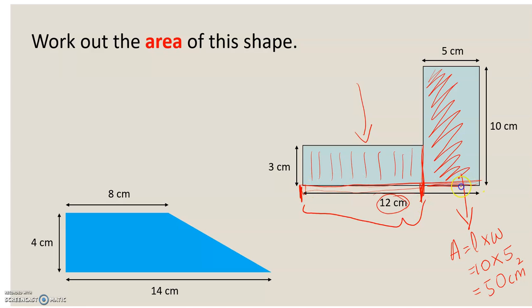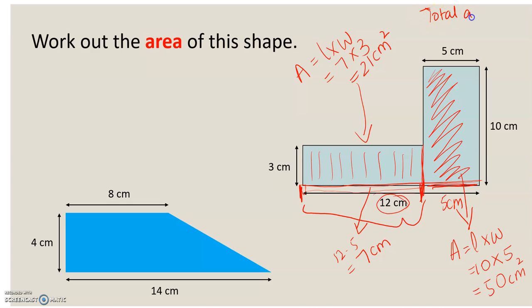But because I know this length here is 5 centimeters, I can do 12 minus 5 to work out the length here, which will give me 7 centimeters. So now I have the length and the width, so I can work out the area of this rectangle, and that would be 7 times 3 is equal to 21 centimeters squared. And so the total area of this composite shape, total area equals 21 plus 50, so I've got 71 centimeters squared.